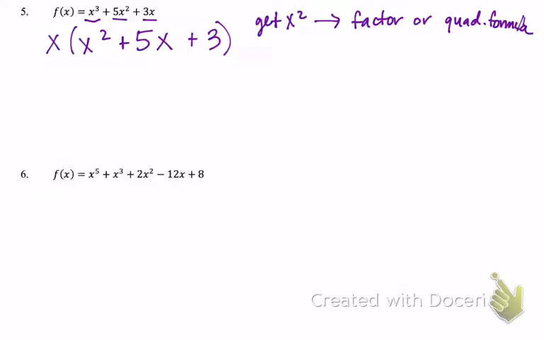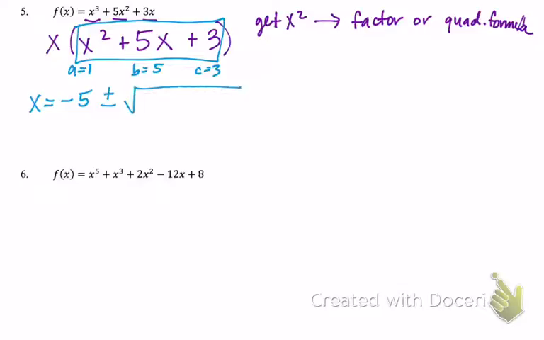So in this case, I don't have 2 numbers that multiply to get 3 and add to get 5. It's impossible, unfortunately. So we get to do the fun quadratic formula. If my a is 1, b is 5, and c is 3, x is equal to negative b plus or minus the square root of b squared minus 4ac, all over 2a.